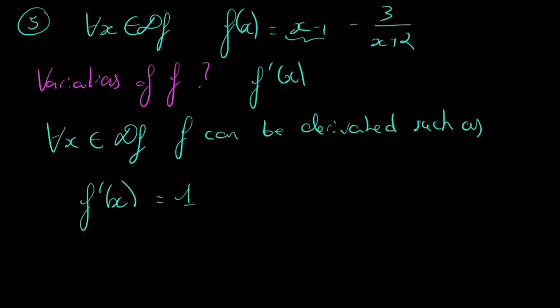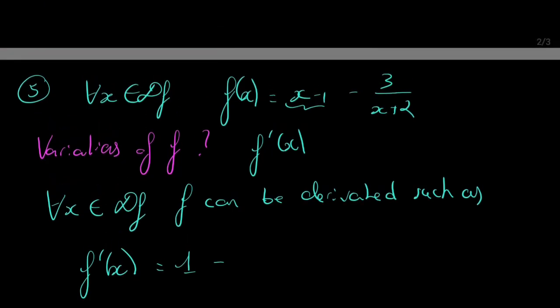It is easily 1 minus, what is the derivative of that? We've got minus 3 times what? If we've got something like 1 over u, the derivative is equal to minus u prime over u squared. And here u prime is equal to 1.